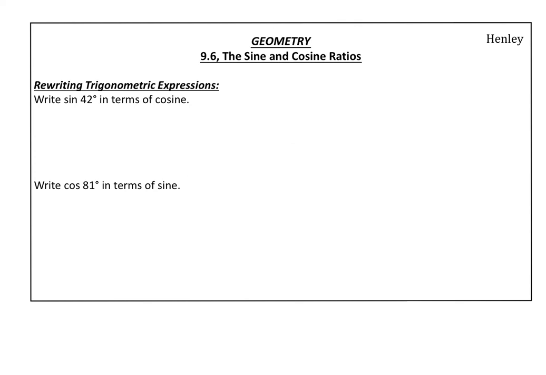So if we were to write the sine of 42 in terms of cosine, we would look at what we need to make this 90 degrees. 90 minus 42 is 48 degrees, so it would be the cosine of 48.